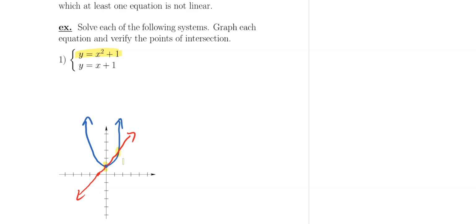I drew my parabola wrong. Let's see, what is the value when x is 1 for the parabola? I would get y equals 1 squared plus 1, y equals 2. So the point 1, 2 should be right here.